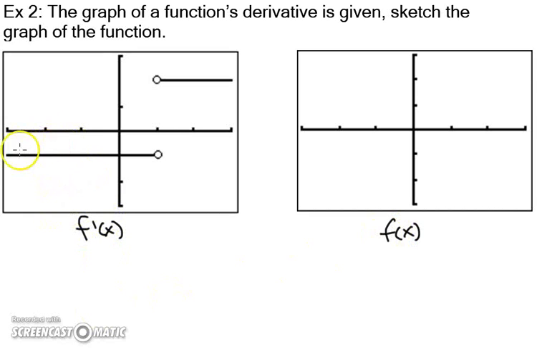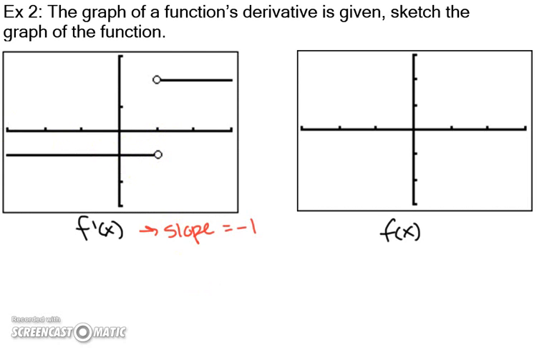If we look here, everything from negative infinity up until 1, the y value of my derivative is negative 1. So that means the slope on my original function is going to be negative 1 until I get to 1.